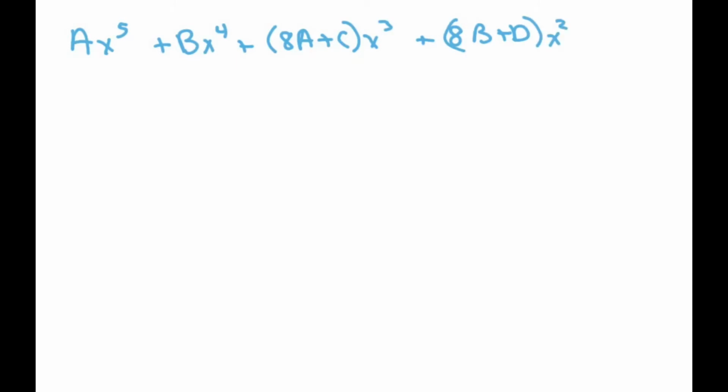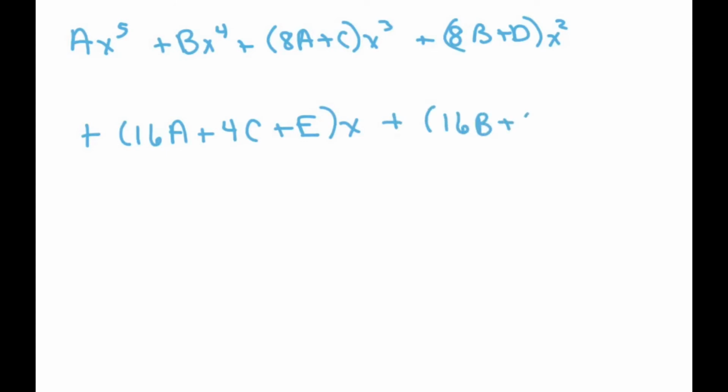Then we have plus 16a plus 4c plus e times x, and our constant would be 16b plus 4d plus f.